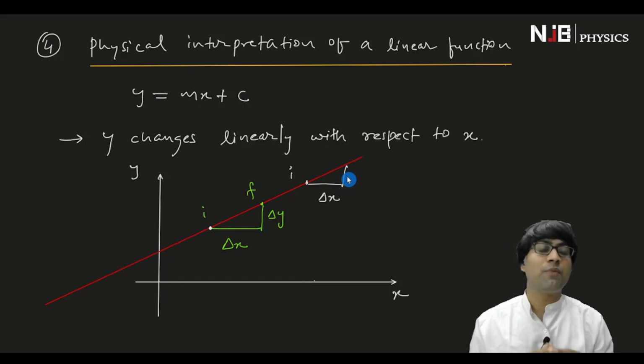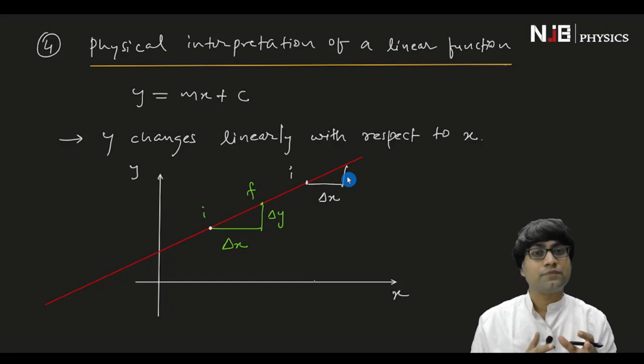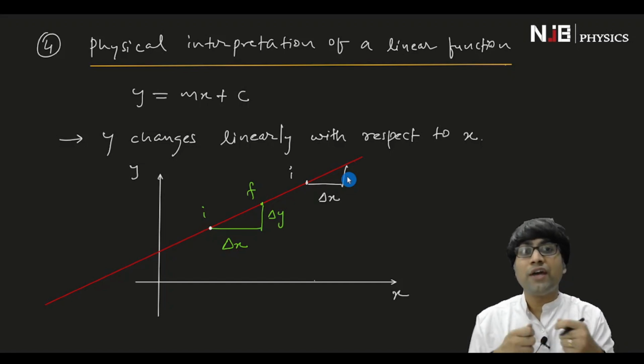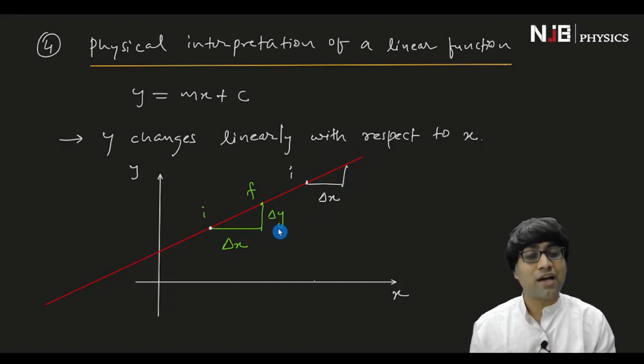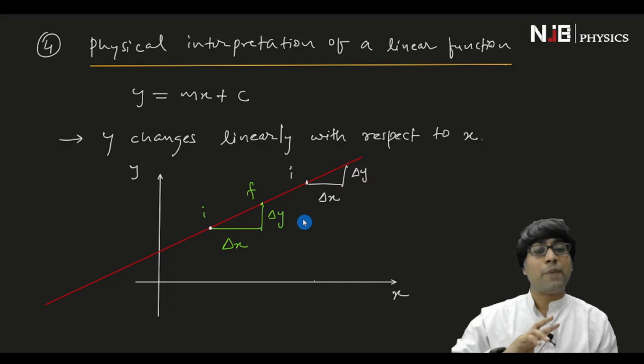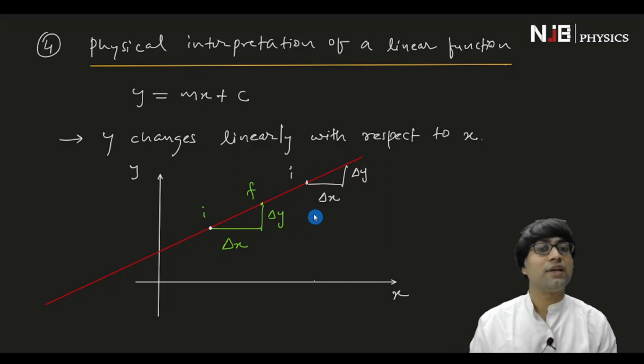And the special thing about this linear function is that if you make changes in x by an equal amount, irrespective of where you are making the changes, the change in y is going to be the same. So earlier the change was delta y, and therefore this time also the change is going to be delta y, because we made the change in x as delta x earlier as well as now.